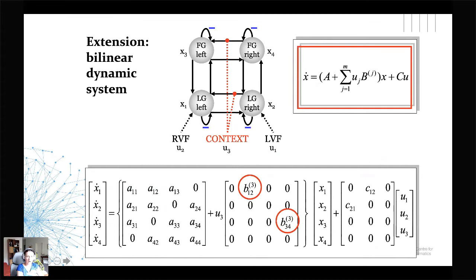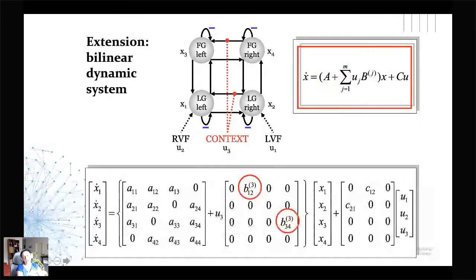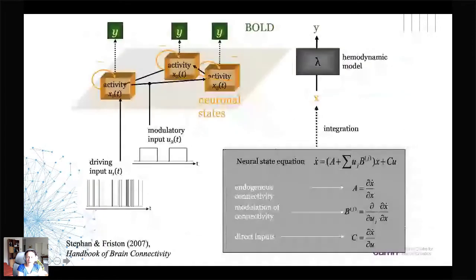Okay, so we can summarize this by the following equation, where these ABC are the matrices pertaining to these connections.